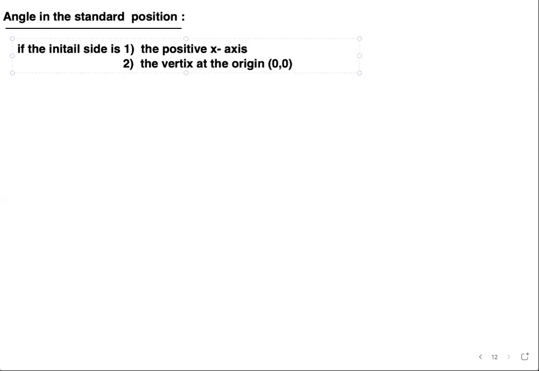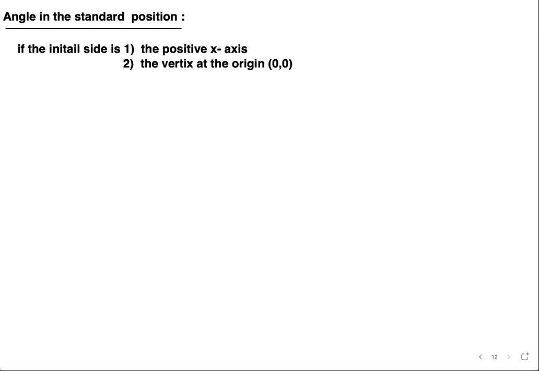So the graph of this, for the first one, this angle is in the standard position. Why? Look. First of all, I have to graph my x and y axes.